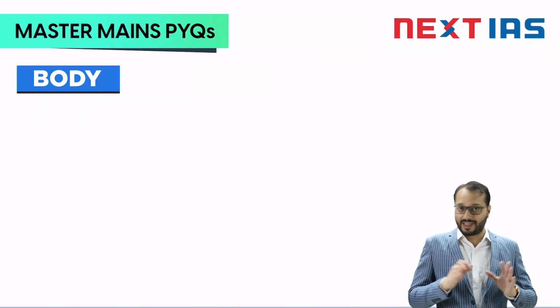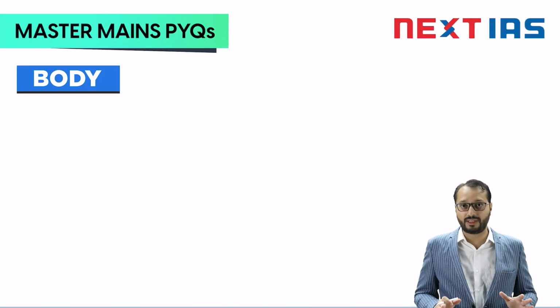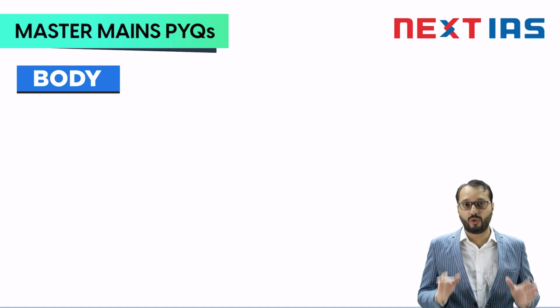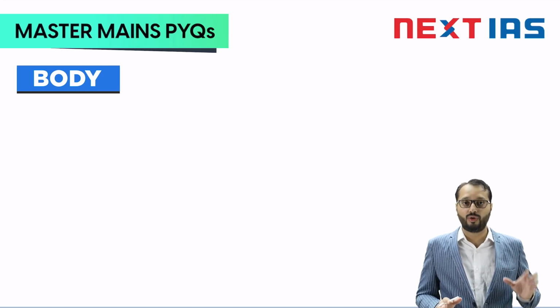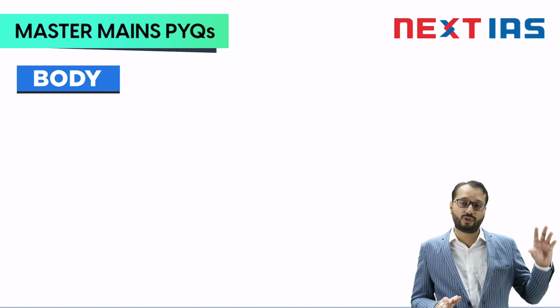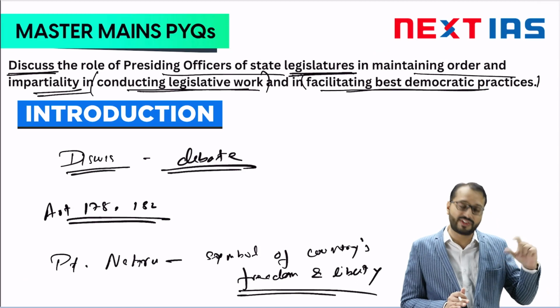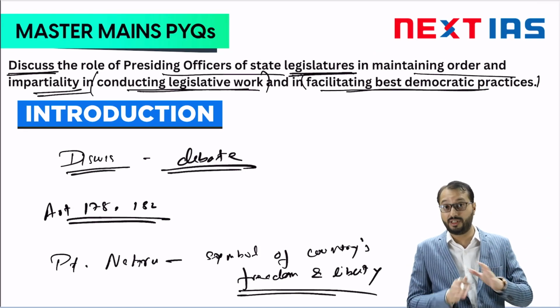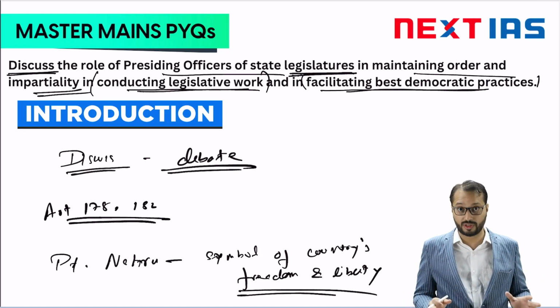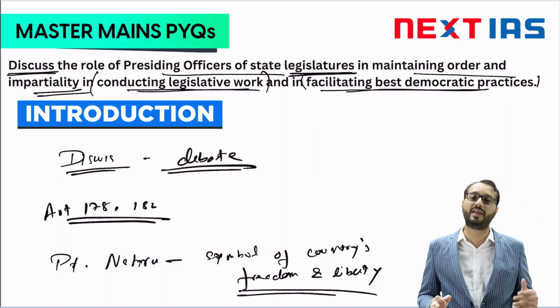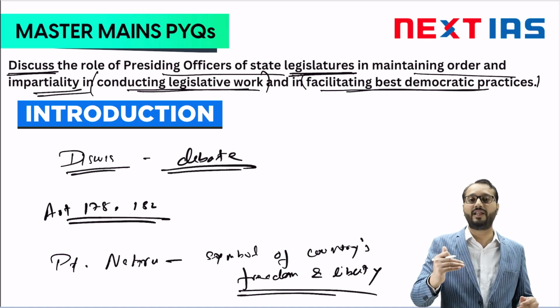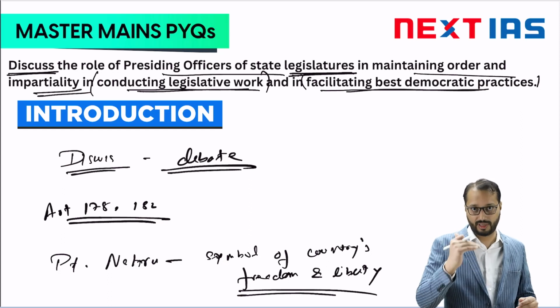So even if you're writing two parts to this answer, your focus on the first part should be under two subheadings, that is legislative work and facilitating best democratic practices. These are two different essential roles of the speaker. So you have to justify each of them by highlighting at least 2 to 3 points.